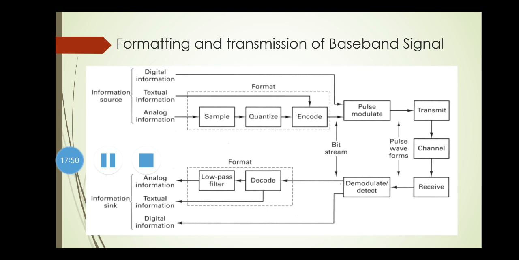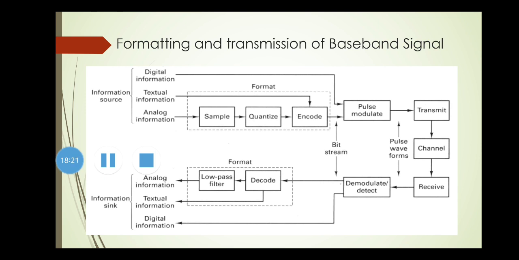If the information from the source is digital in nature, we need not convert or format it into any other form. We will just feed it to the pulse modulation block and transmit it through the transmission channel. But if it is textual information, the methods involved in textual information formatting, we'll look at in our next session.